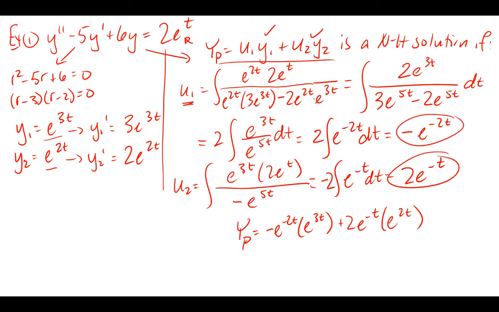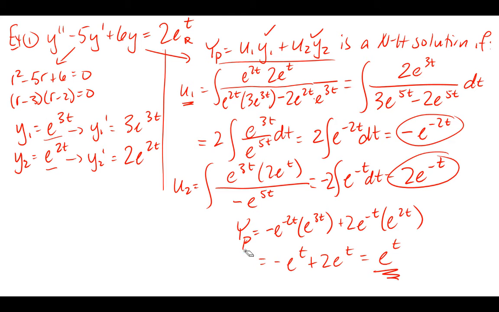And most of the time, when you get to this point, you will have even more simplification. So this turns into negative e to the t, and that's 2 more e to the t's, also known as just regular old e to the t all along. So who knew, right? So e to the t is our one particular non-homogeneous solution.